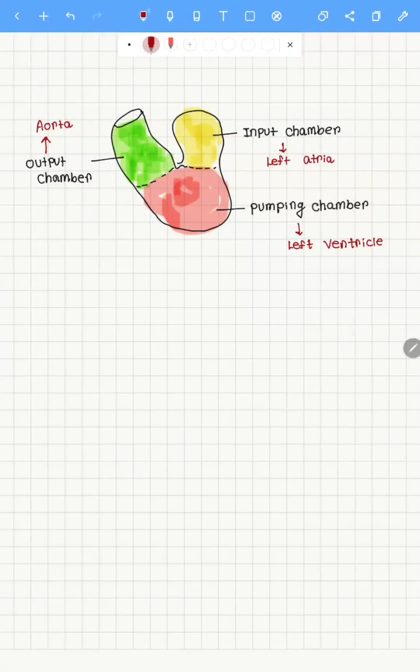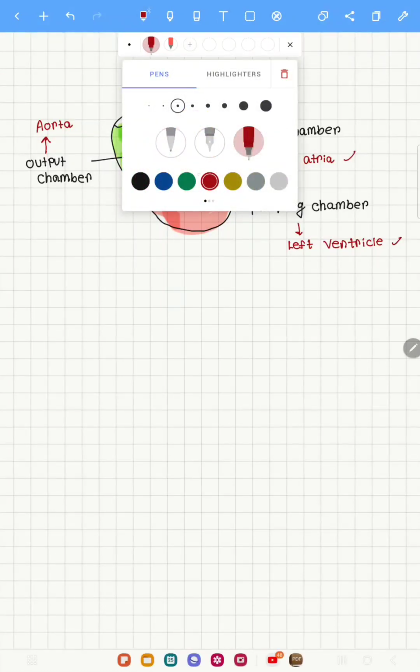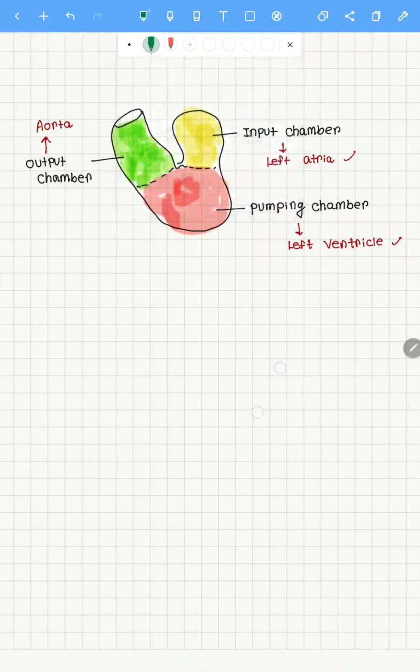Now between the chambers we will have the presence of valves. Between the left atrium and the left ventricle we will have the mitral valve. Let me draw these valves. This is a valve. This is called the mitral valve. And between the left ventricle and the aorta we will have another valve, that is called the aortic valve.